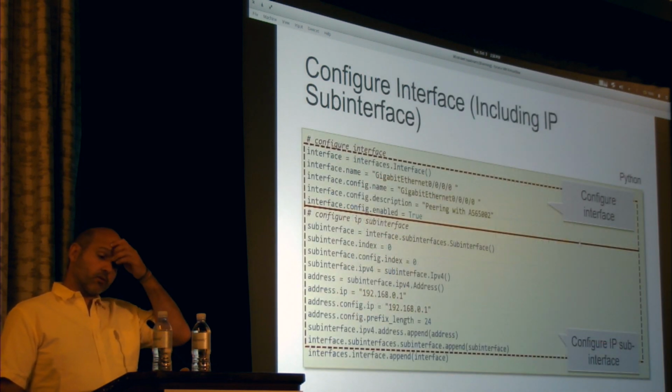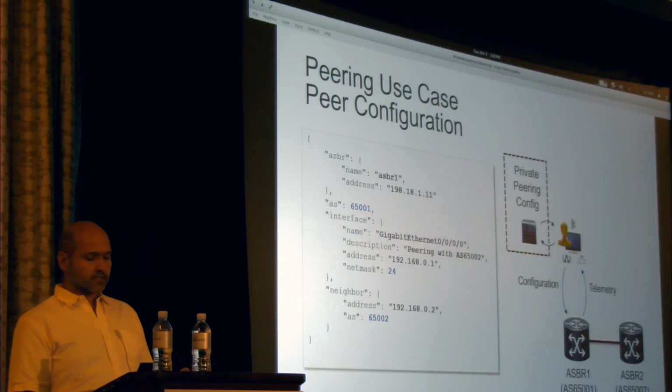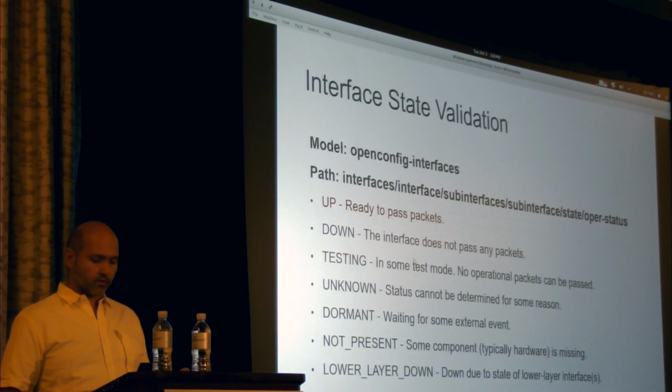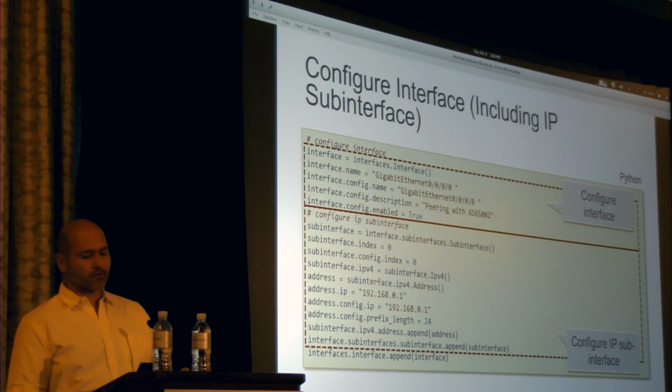So let's take a look at the IP interface configuration. Remember, my script has to read this basic interface configuration and needs to send that to the router using OpenConfig. So this is the configuration in my snippet of configuration, also in Python. So this is my gigabit Ethernet 0 interface. I put the description of the interface. And remember, all the IP configuration happens under a sub-interface.